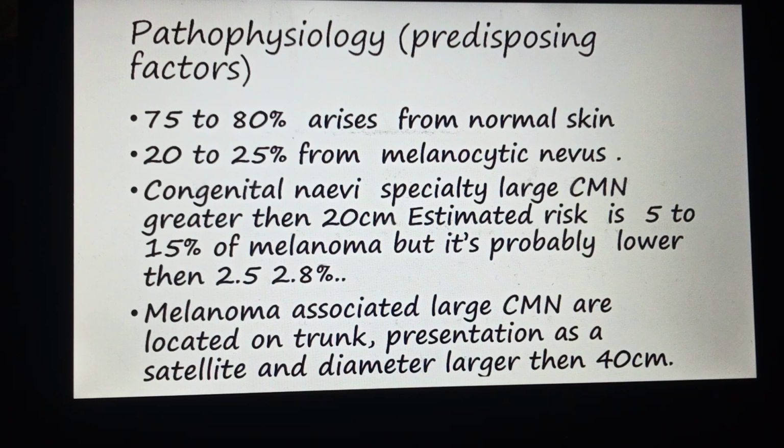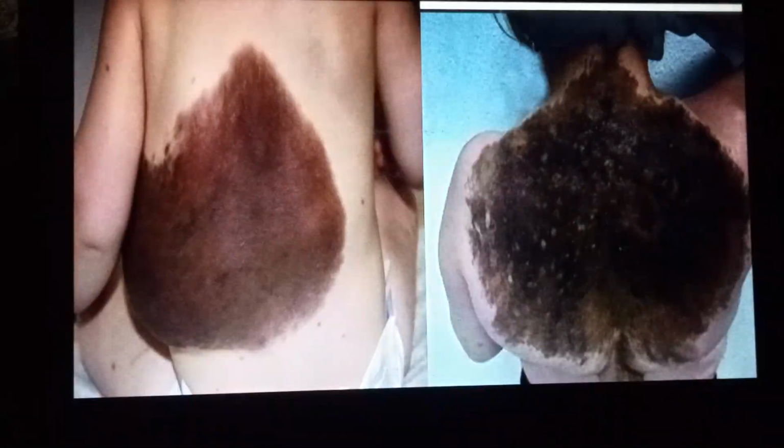It is estimated that there is a 5 to 15% risk of having melanoma, but it's probably lower, 2.5 to 2.8 percent. Melanoma associated with large congenital melanocytic nevus is located mostly on the trunk. Presentation is with satellites and diameter larger than 40 centimeters.